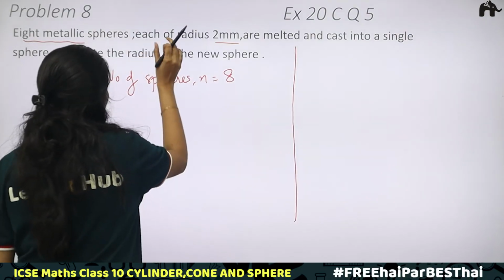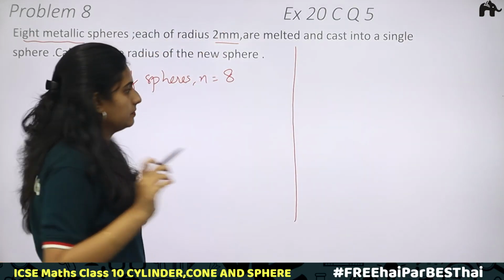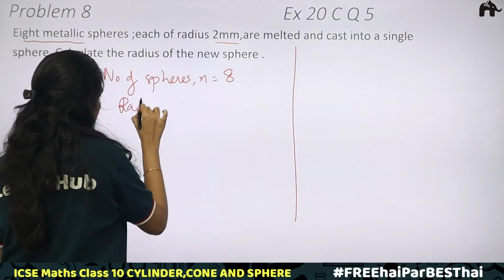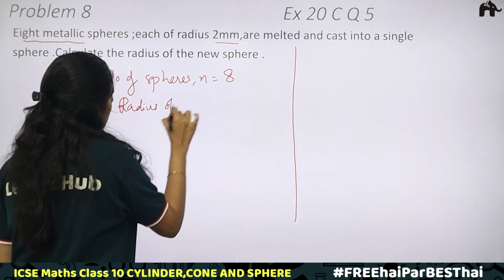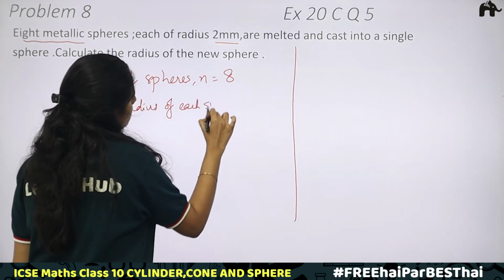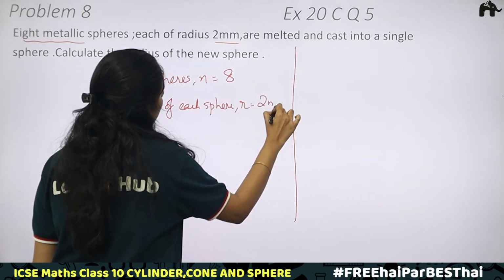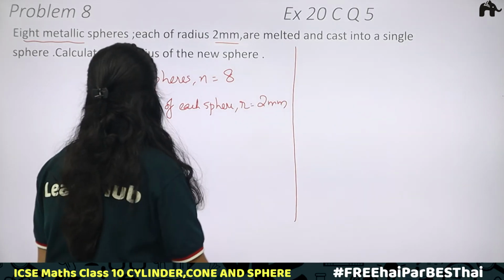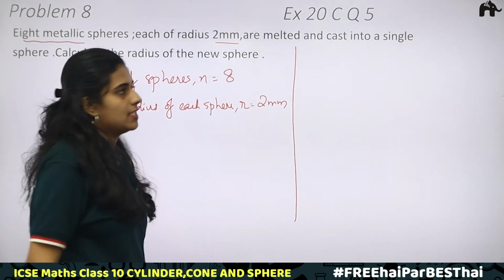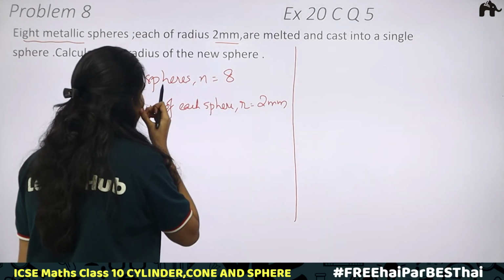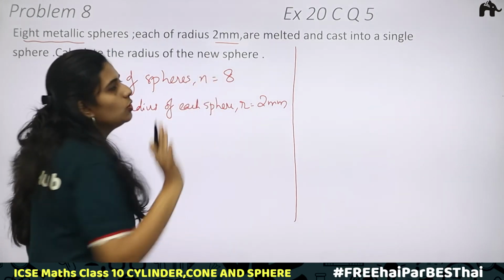Okay. Then the radius of each sphere is given. Radius of each sphere r is equal to 2 millimeters. Okay, 2 millimeters. Now we need to find the radius of the new sphere.